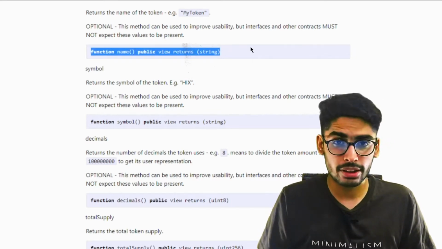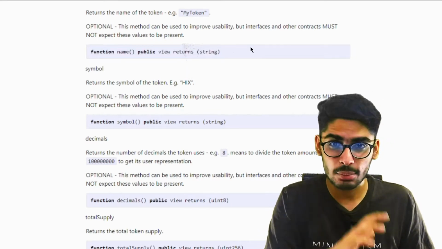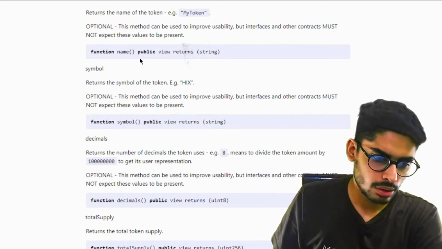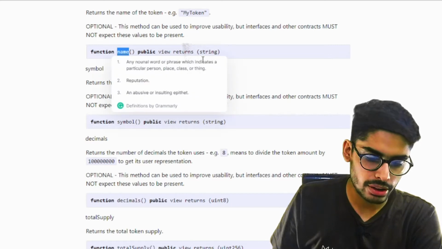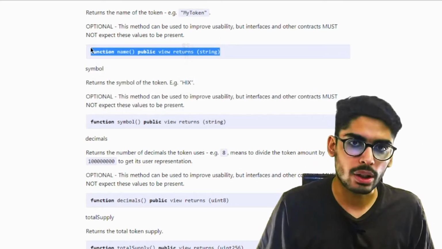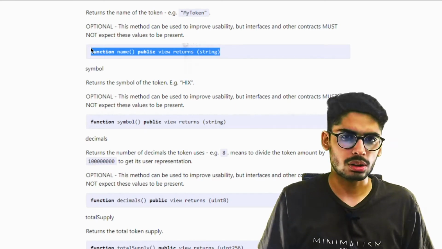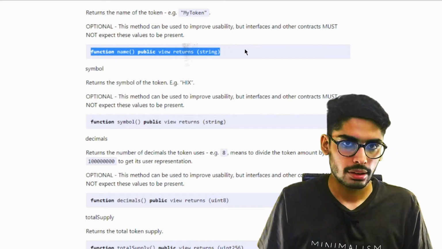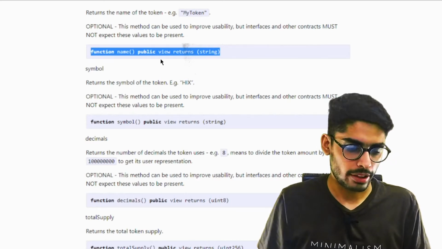You can even code your cryptocurrency in about 100 lines. We have to keep a function called name that will return a string. If we are deploying DevToken to the Ethereum blockchain, then name must return DevToken when we call it.